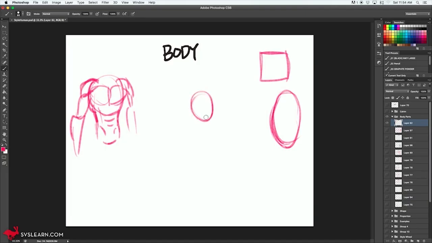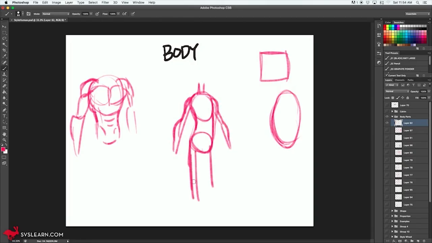Sometimes I'll break it down to like 2 spheres and I'll just connect them like that. And that's my torso. And you stick a head on there, stick hands on there. And now I've got a stylized version of this. All right? And you have to think, what does your character need?